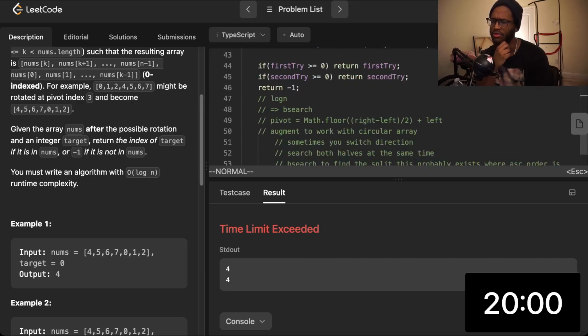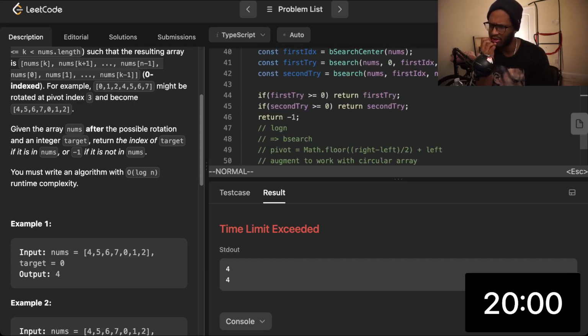I'm confused. Why are we right? What, time limit is exceeded? How?